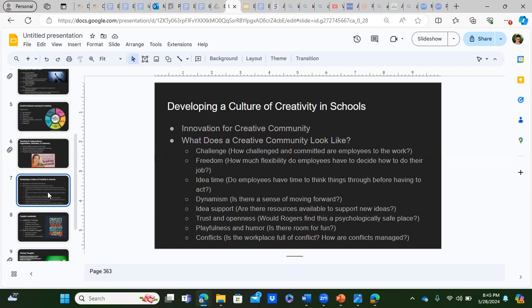Is there enough sense of moving forward? Number 5, idea support. Are there resources available to support new ideas? Number 6, trust and openness. Would Rogers find this a psychologically safe place? So referring back to what we spoke about with the researcher Rogers and his definition of psychologically safe.